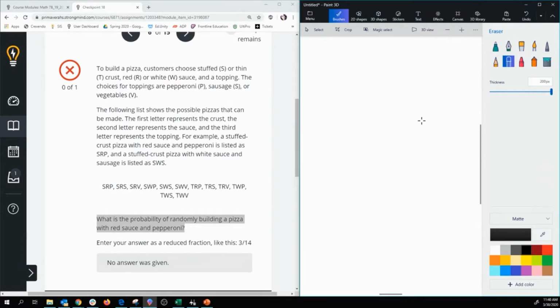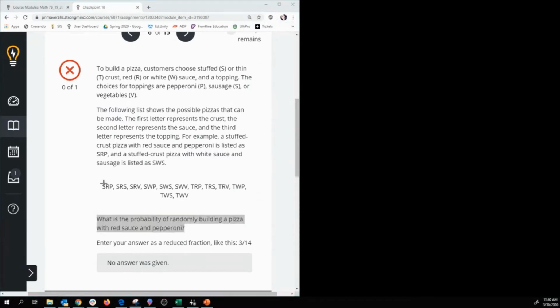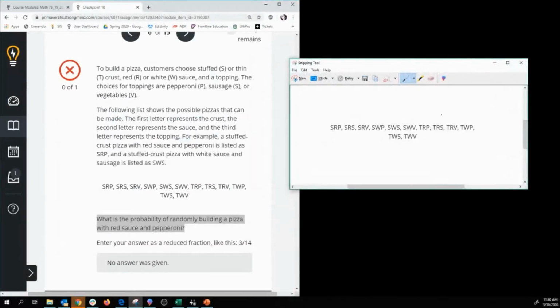Make sure that you double check it and it's asking for red sauce and pepperoni. Yeah, there's a lot of very similar ones, so just double check it. Make sure it says red sauce and pepperoni.